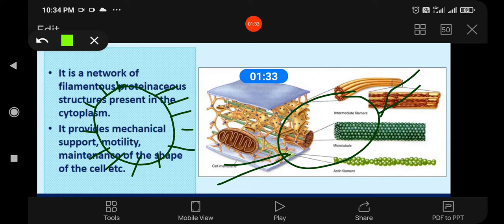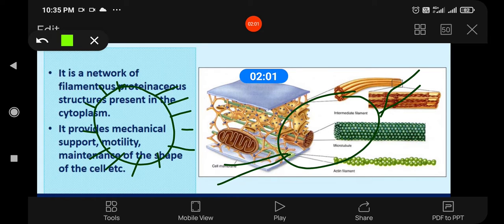Cilia are short hair-like organelles, and flagella are long whip-like organelles. Then second is their number. Cilia are relatively large in number per cell, and flagella are usually fewer in number per cell. Then cilia cover the entire surface, whereas flagella are present on one end or on both ends.